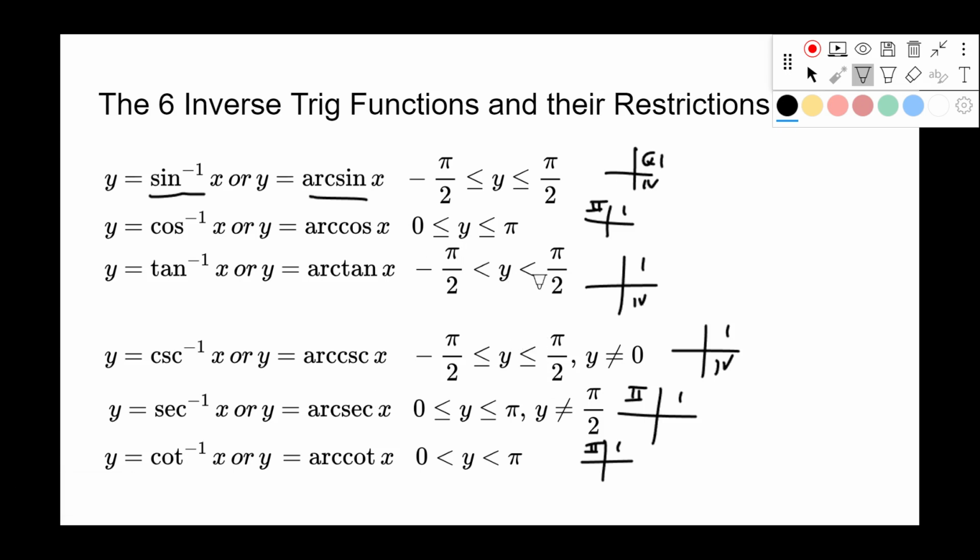The reason why there's no equal sign here for arctan is because at negative pi over 2 and pi over 2, the x-coordinate is 0, so it would be undefined there. So we throw those out. Okay? And that's what you need to be able to work with, these quadrants. If you know these quadrants for the inverse trig functions, then everything else you get is right off the unit circle. All right? With a slight twist in quadrant 4.